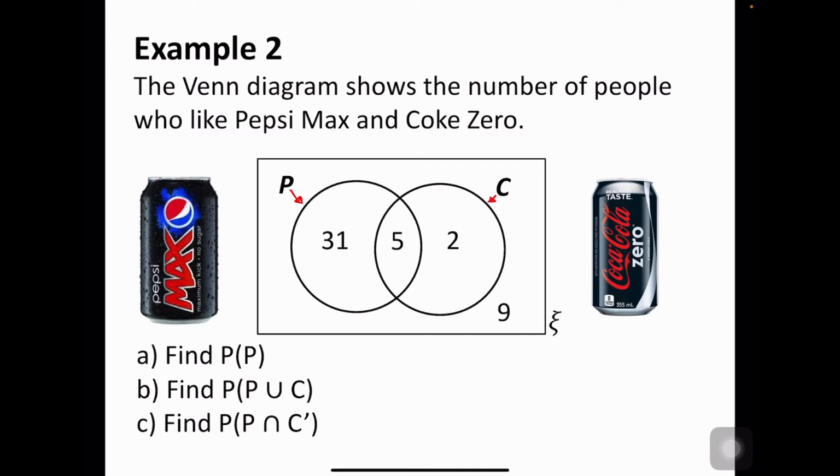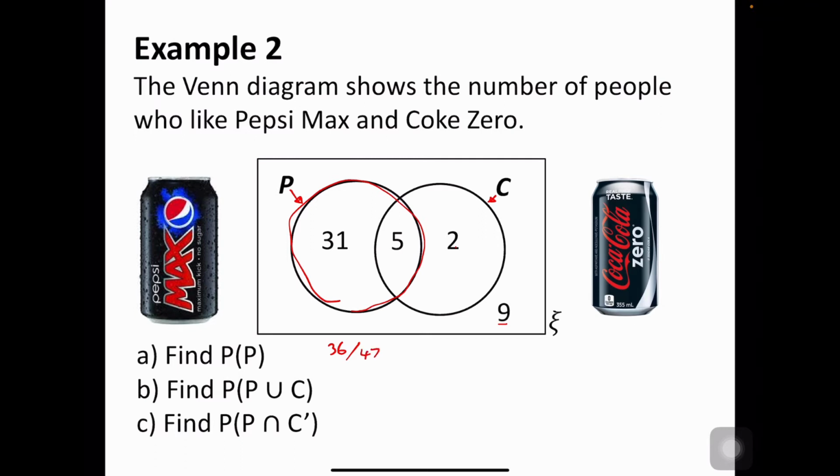Find the probability that the person likes Pepsi. So I'm going to draw a circle here. How many people like Pepsi? 36 people. 36. What is our total? So it's 36 plus 2, 38, plus this, that would be 47.